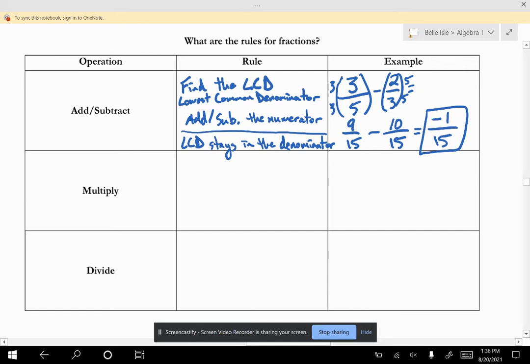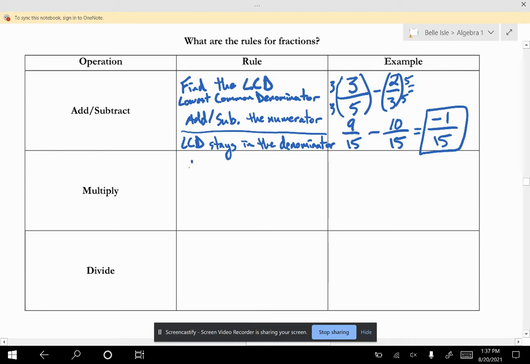A big misstep I saw on the pretest, both with y'all and with geometry, is that we, for some reason, really like to cross multiply. We won't cross multiply unless we're solving stuff. So you are just going to multiply across.